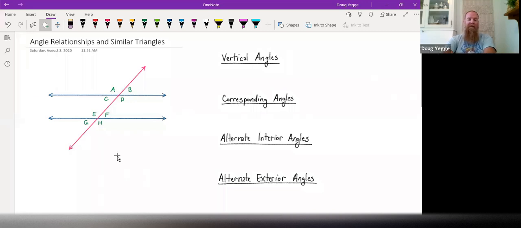So in looking at this figure, let's assume that these two lines here, we'll call it line M and line N, okay? Let's assume that M and N are parallel lines.